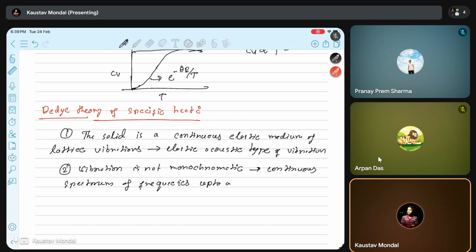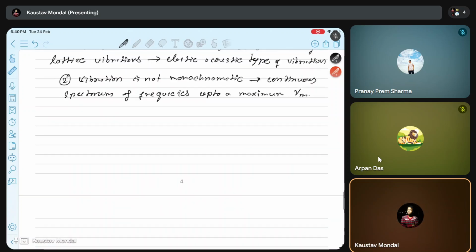The frequencies are distributed, but the distribution is not stretched up to infinity. It has a higher limit, and that limit is given by nu maximum. So this is the basic difference between Einstein and Debye's theory.